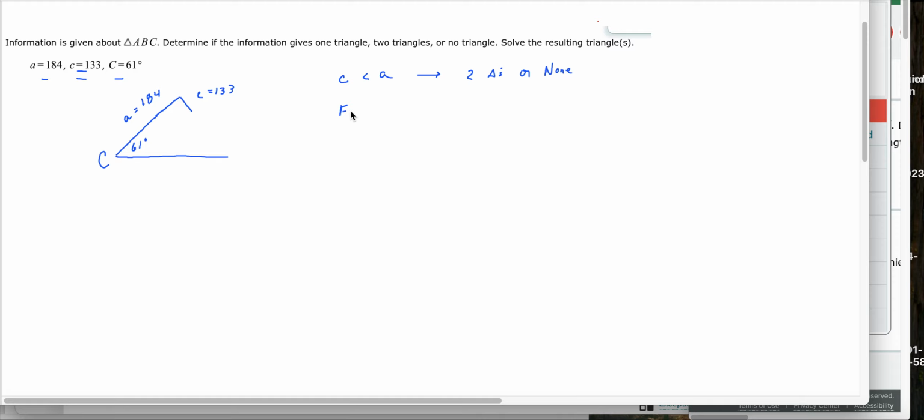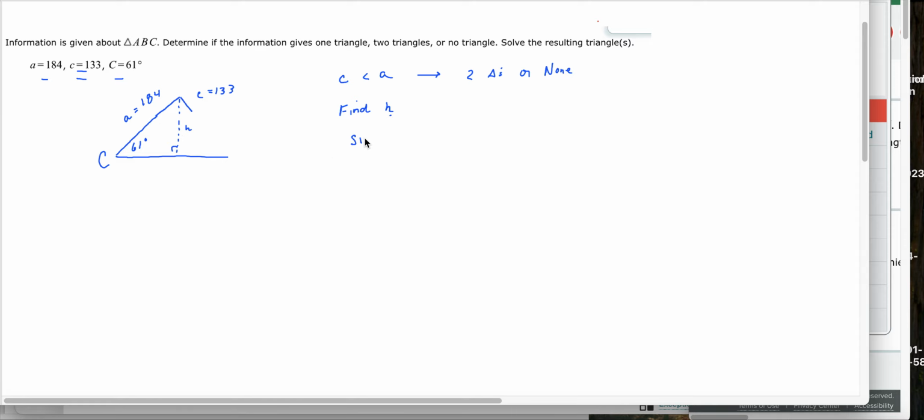The next thing I would suggest doing is find the height. Find H. H is going to be, if I drop this down to a right angle. By finding H, I can just use a regular old sine ratio, because I want to know what the opposite side is, and I have the hypotenuse.